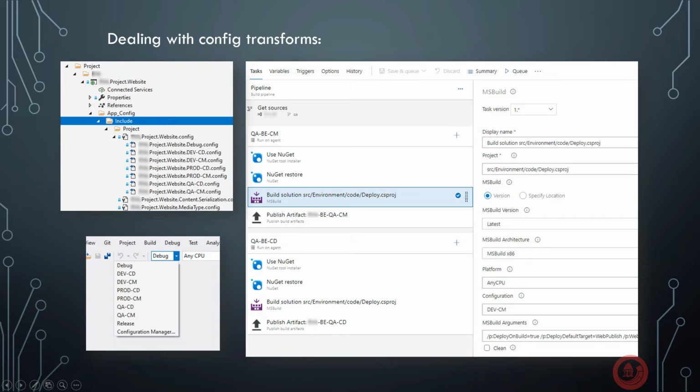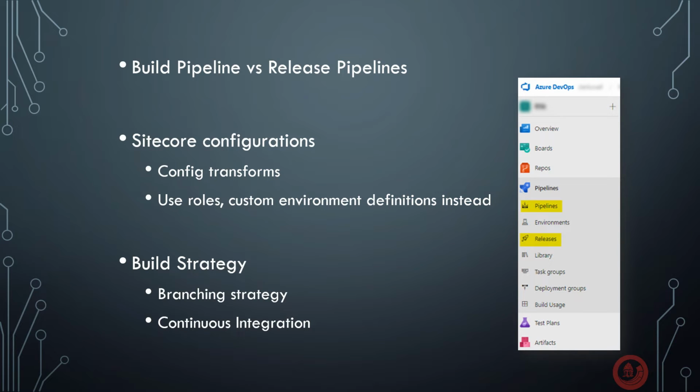But if this is something that you can change, I would definitely recommend changing it and going to Sitecore roles and custom environment definitions. In that case, everything is driven off of the role or the environment, which is defined in web.config. And usually we don't deploy web.config anyhow, so that is fixed on an environment-to-environment basis.